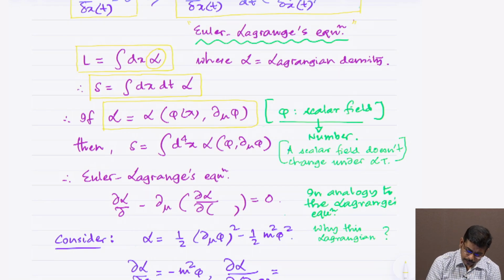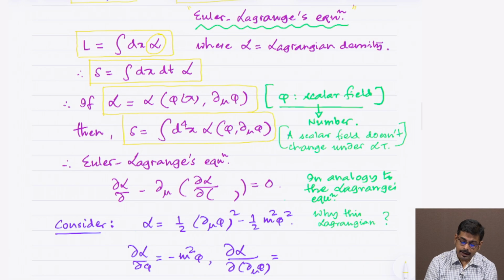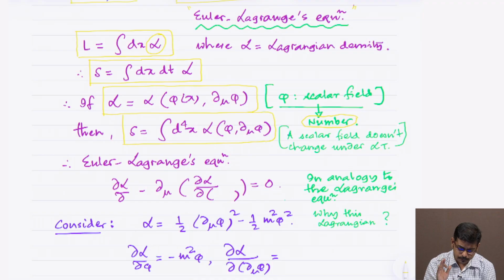So, you can also say that the action is the integral of d4x of L of phi, del mu phi. And phi is a scalar field, which is a number, which can be a real number or a complex number depending on what kind of field you want to describe, and so on and so forth.